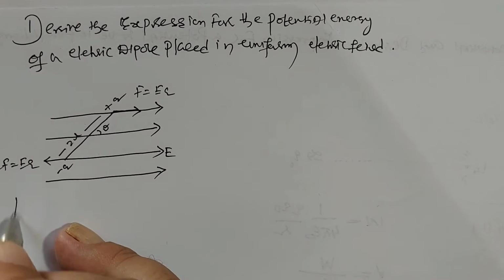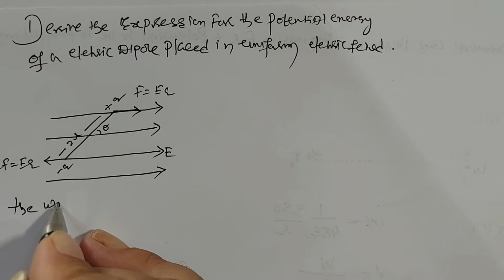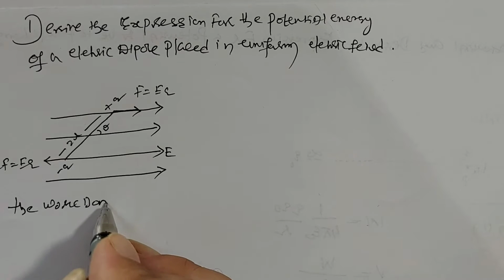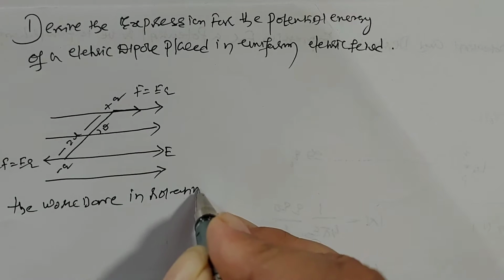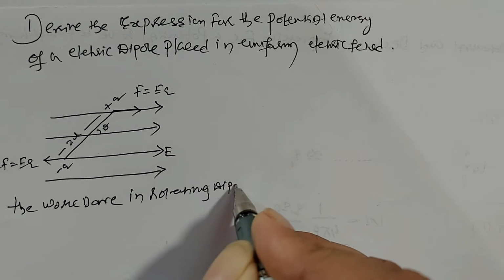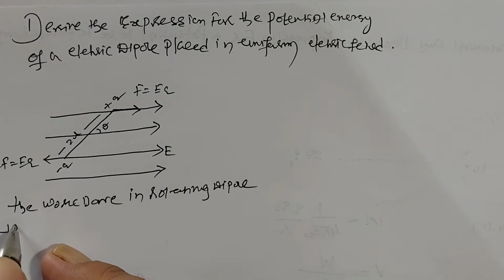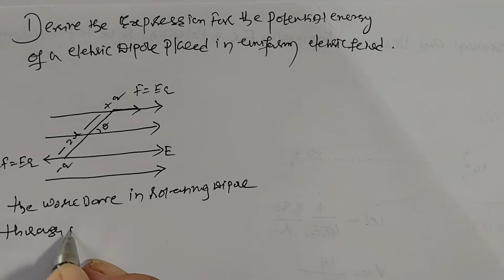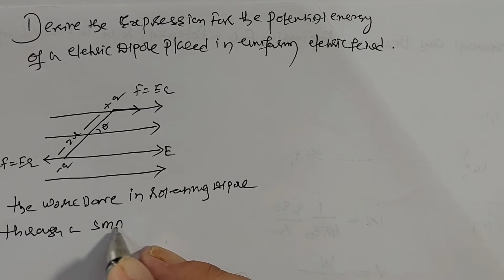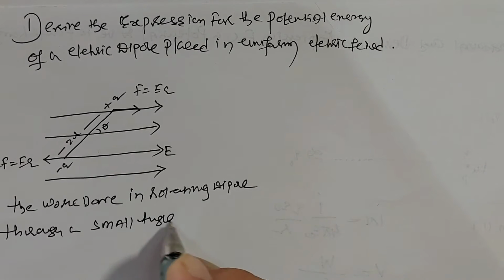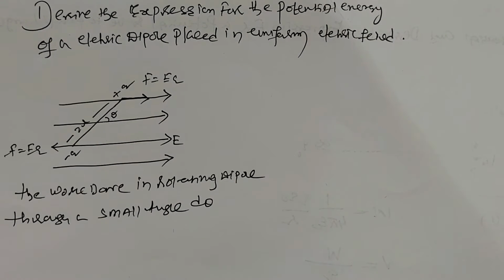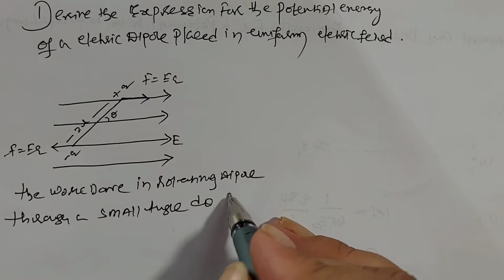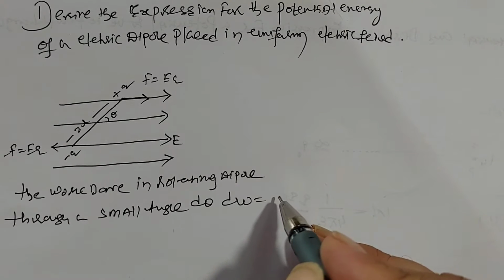Then how much work is done in rotating the dipole through a small angle d theta? dW is the work done.